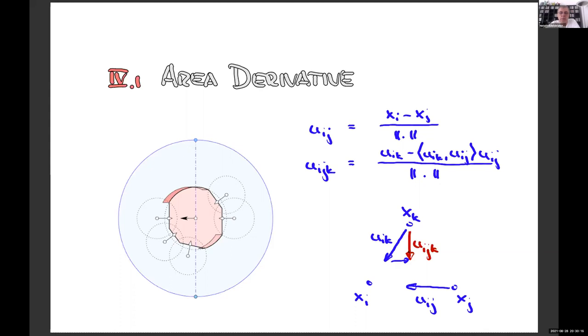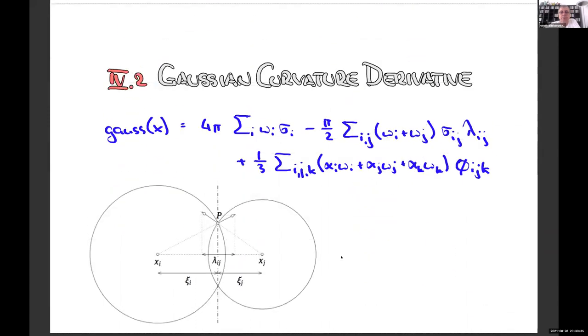And this motion quantifies what I explained roughly, what happens when there's a rotational motion of one sphere around another one. Okay, so much about the area derivative.